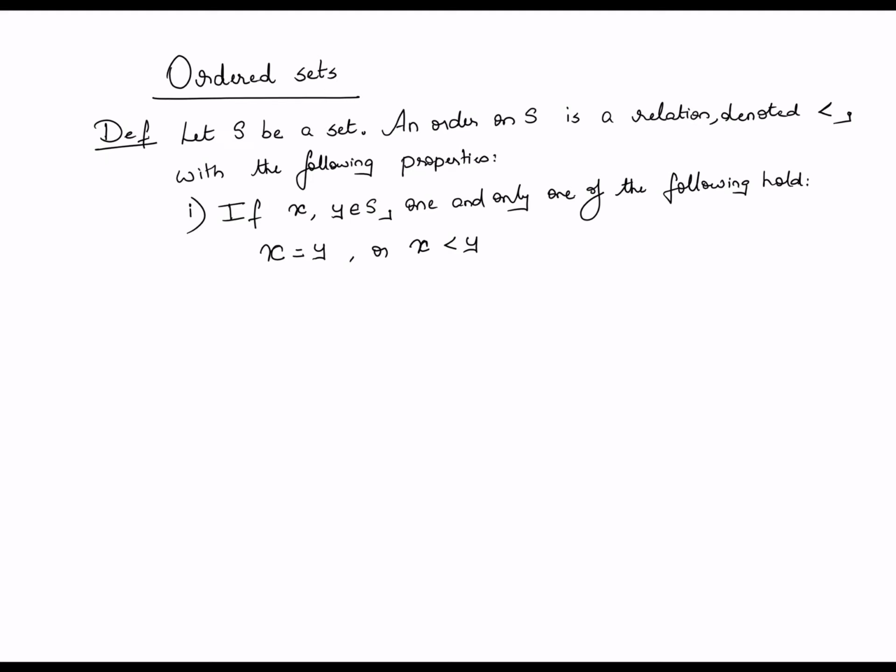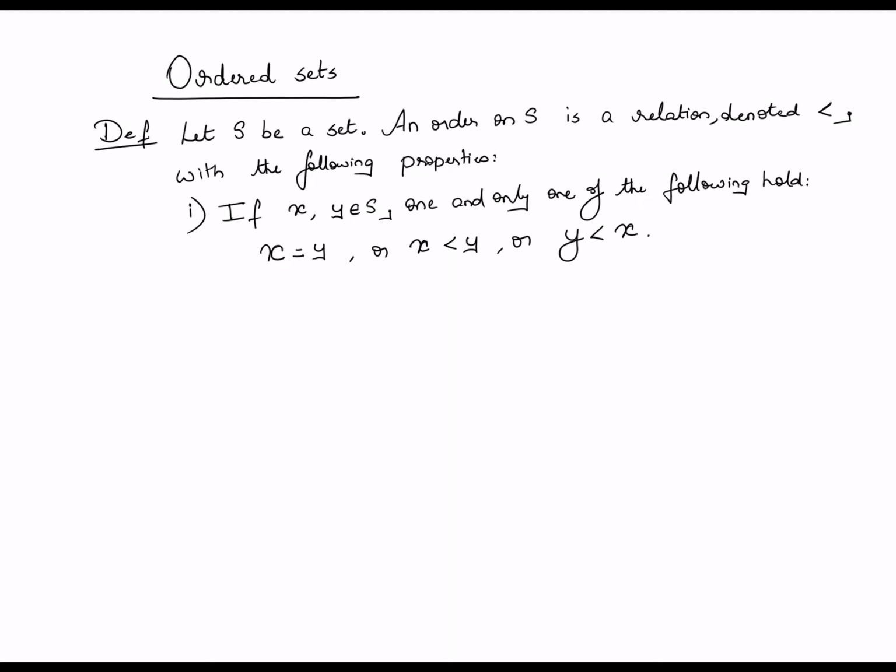I'm using less than because that's what we typically use this symbol for, but remember this set need not be a set of numbers, right? So this is simply a relation between elements of the set, or you have y less than x. So what does this mean? A relation is essentially, you can think of it as a function that takes two arguments of the set and pops out a binary answer, either true or false.